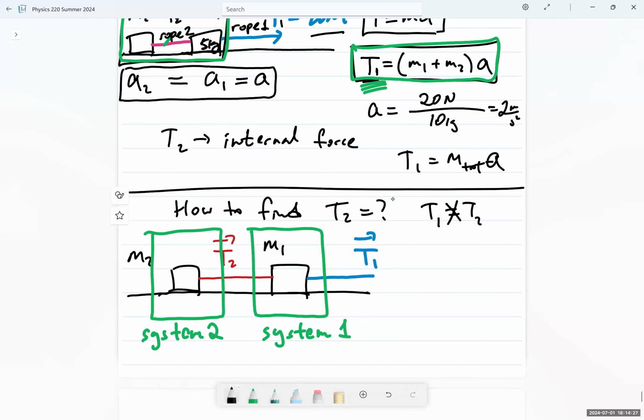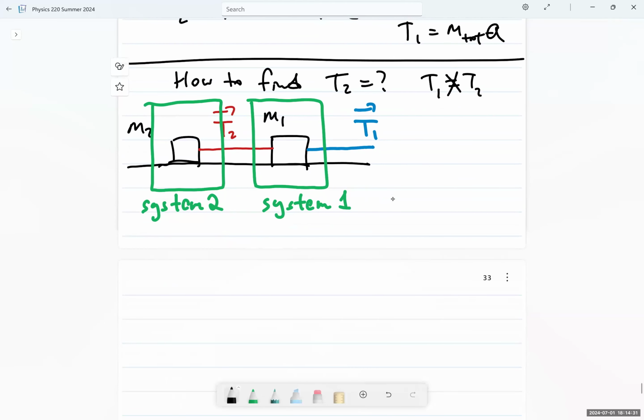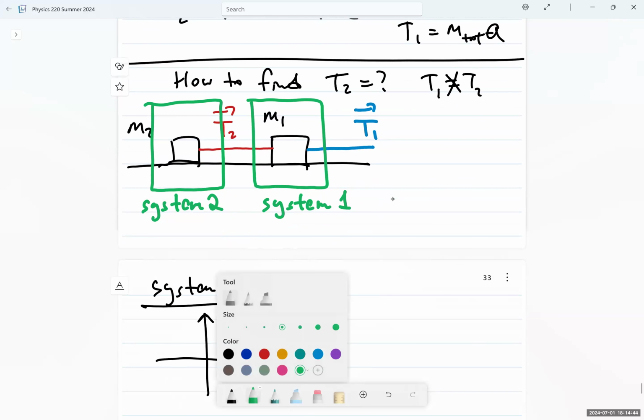Then, at this point, I can look at either system 1 or system 2 to find the tension. If I look at system 2, which is a little bit easier actually, and do a free body diagram for system 2, let's say here's the object at the center.